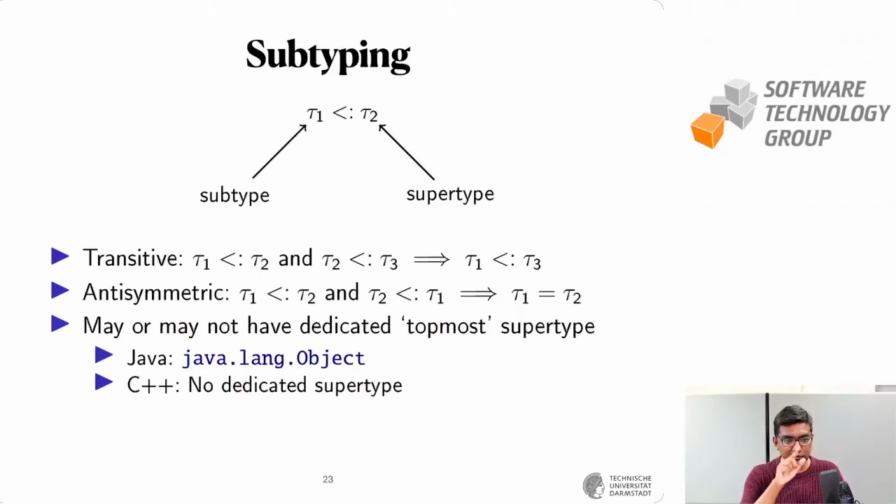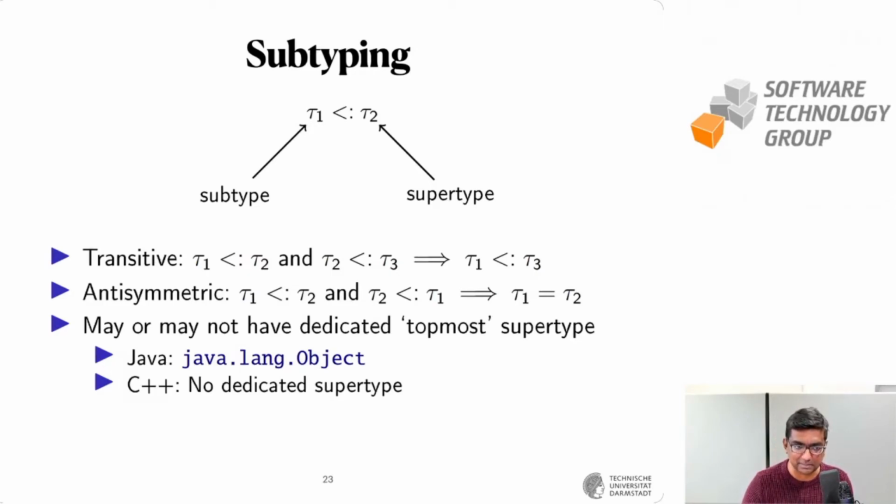Formally, subtyping uses the notation less than colon. So essentially what this means is that type T1 is a subtype of the supertype T2. Generally when you say T1 is a subtype of T2, it means that it's transitive.